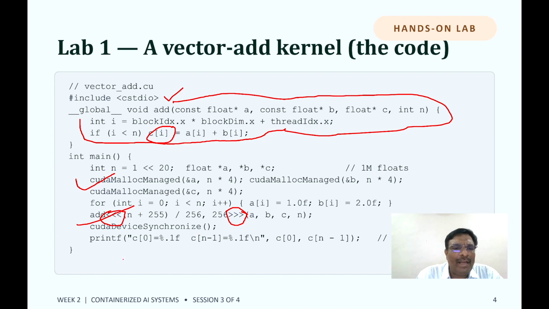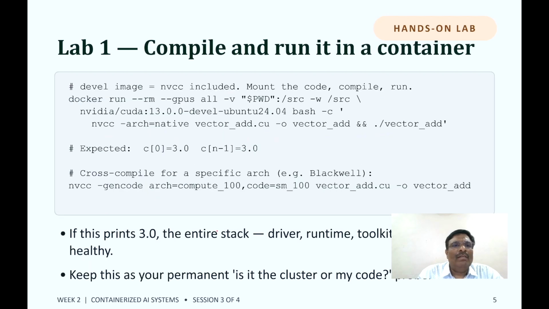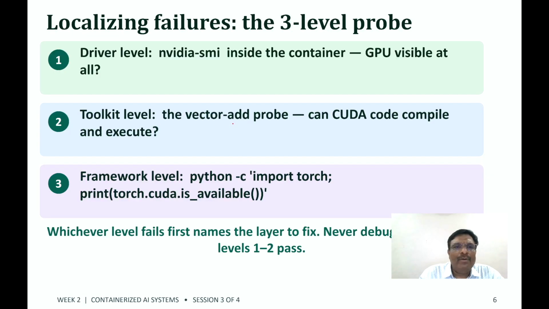Then this is how you synchronize, and then you do the print operation for the data. We are running this using our NVCC compiler, and the expected result is this. So let's do the execution first and then come down to the levels of failures, if any.